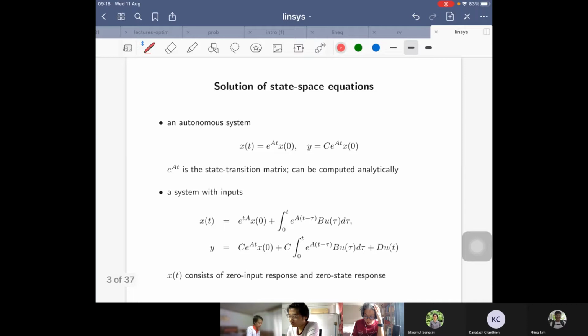Please review that the state space equation for autonomous system all requires the matrix exponential e to the At. In terms of linear system theory, we use the term state transition, but in mathematics, this is called matrix exponential.